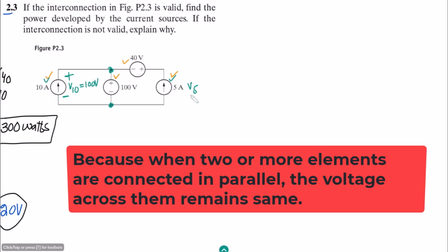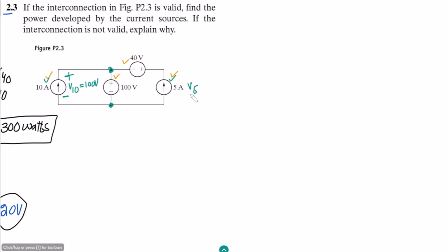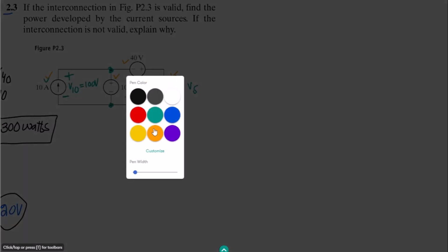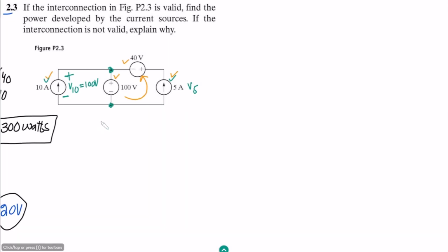In order to find the voltage across this V5, let me consider the current here. So this is the current here, and let me use the KVL here. Let me consider this one as the positive, so it will be negative, positive. So let me consider this one as V5.